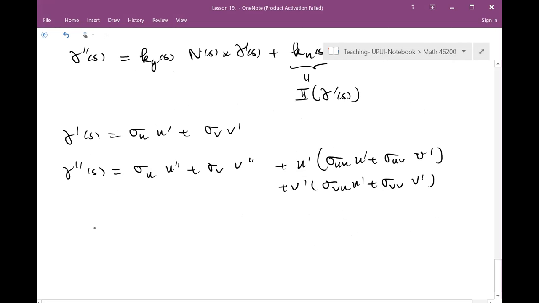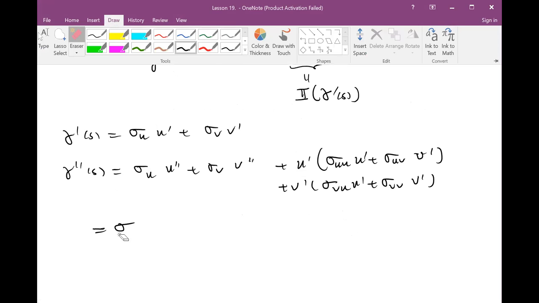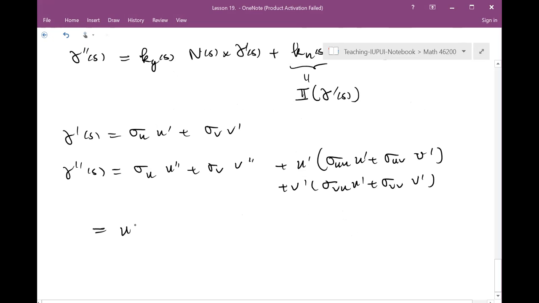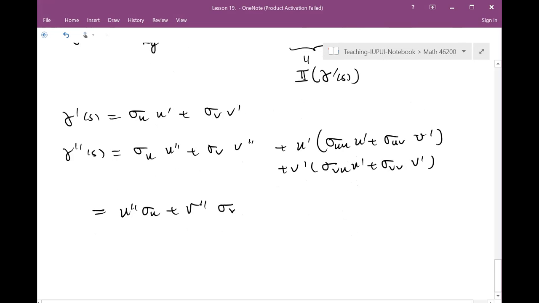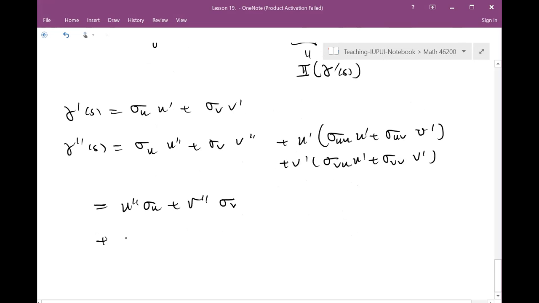So actually, what we get here is, let's write it in the form u double prime sigma u plus v double prime sigma v, that's a linear part. And then we have sigma uu u prime squared plus 2 sigma uv u prime v prime plus sigma vv v prime squared.